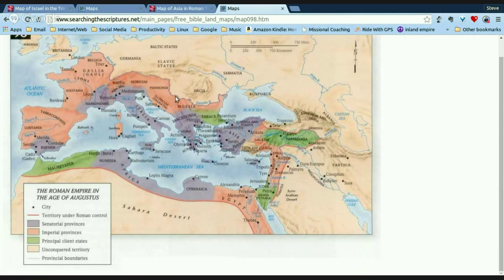And so as the Roman Empire began to spread, they began to take over, well, a lot of this region that was previously governed by the Greeks. And so now the area that we're concerned with, the New Testament area, the nation of Israel, is ruled by Romans.